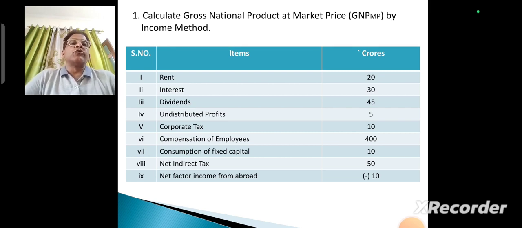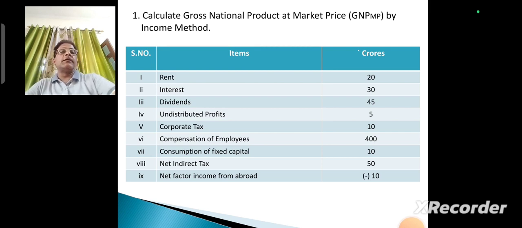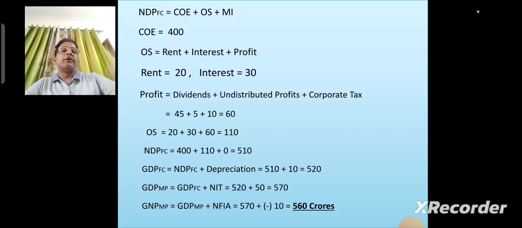After that, we also do not find mixed income here. If mixed income is not there, still you have to write it in the formula and take the value as 0, along with -10, which is net factor income from abroad. Then you will be able to get NNPFC, but you have to consider the NIT and depreciation to make GNPMP. Let us see how they have calculated this.